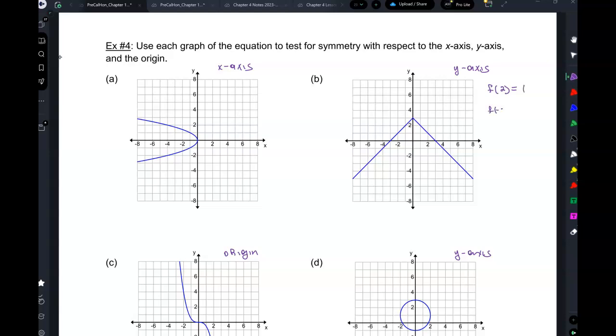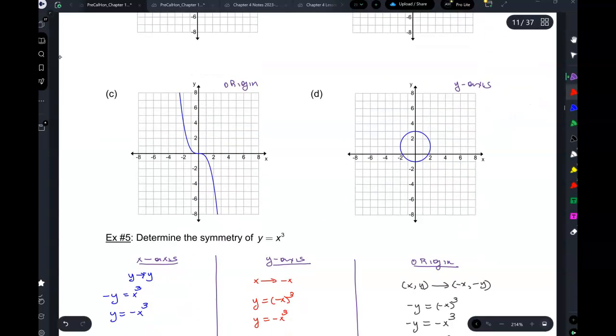What's f of negative 2? 1. You see how they're the same? That means this is an even function, right? Because f of 2 and f of negative 2 are the same. It's an even function.